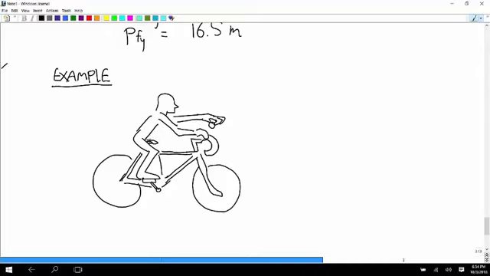Okay, so here's you cruising along on your bicycle. You're bald now. And you're holding this ball 1 meter above the ground. And over here is a cup.